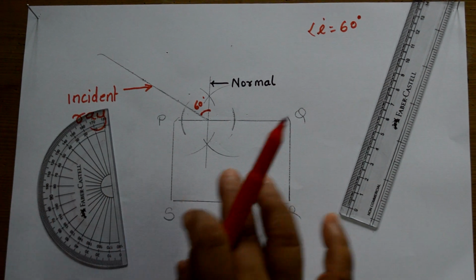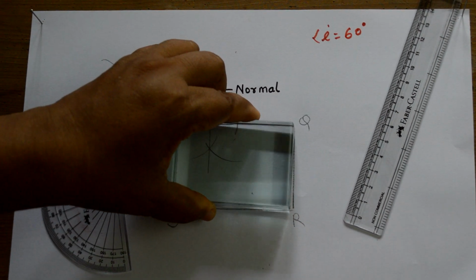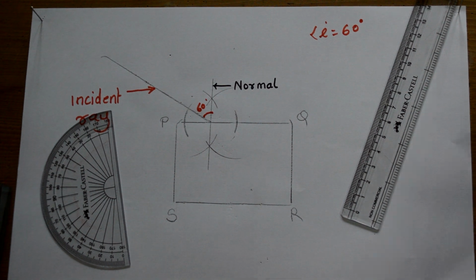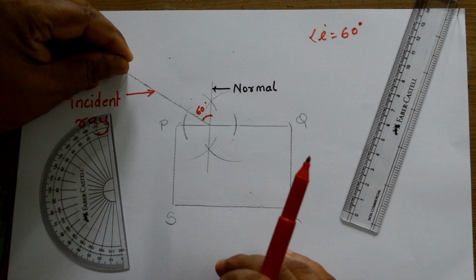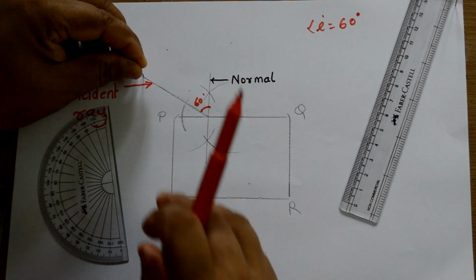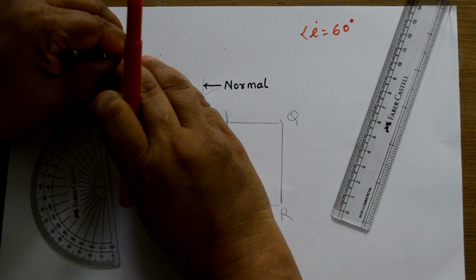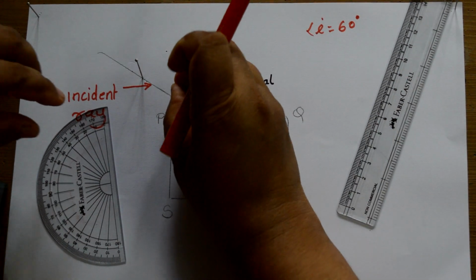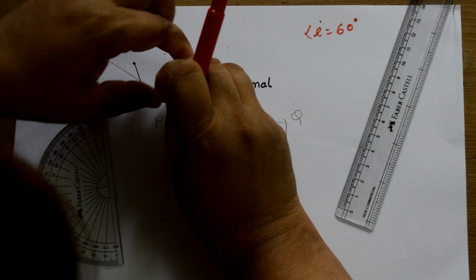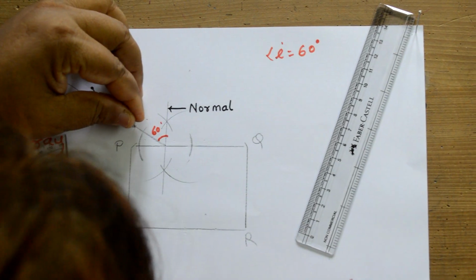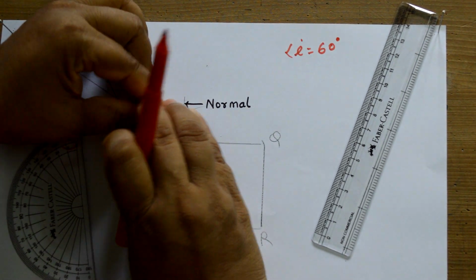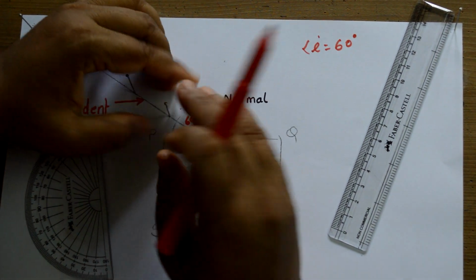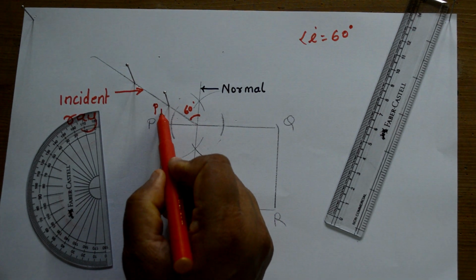Normal is drawn. I'll be placing the glass slab. Before that, I'll be fixing the pins on the incident ray exactly in the line, and label them as pin 1 and pin 2.